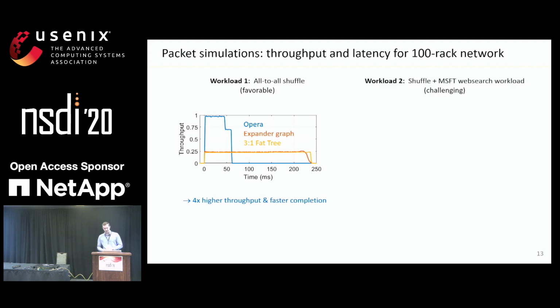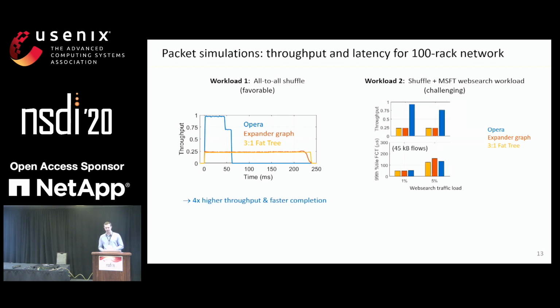Next, we considered a more challenging workload for Opera. In addition to the shuffle, we ran a web search workload. In the web search workload, all the flows are very short, and so they all have to pay the bandwidth tax in Opera. We started out with a very light web search traffic load, 1% of the bisection bandwidth. At this point, Opera is performing quite well in terms of throughput and offers comparable 99th percentile flow completion times for the short flows.